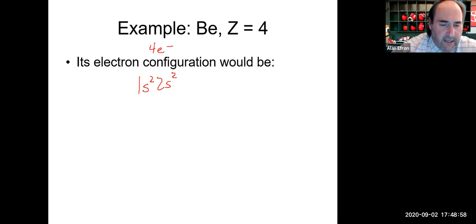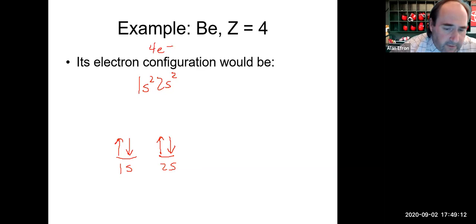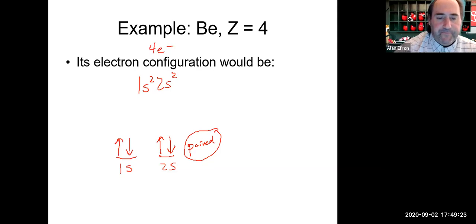And just to keep track of where our electrons are at this point: the first one went in here, the next one went in here, the third one went here, and the fourth one went like this. When you have 2 electrons in an orbital, those electrons are referred to as being paired. Their spins are paired. They're basically heading in opposite directions. That is basically what that means.